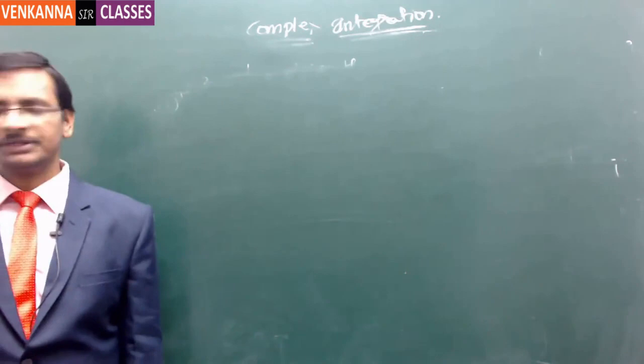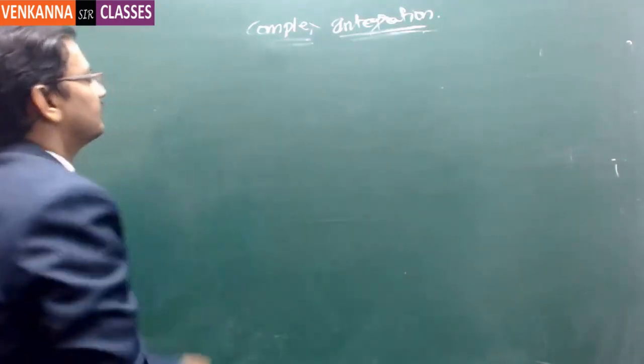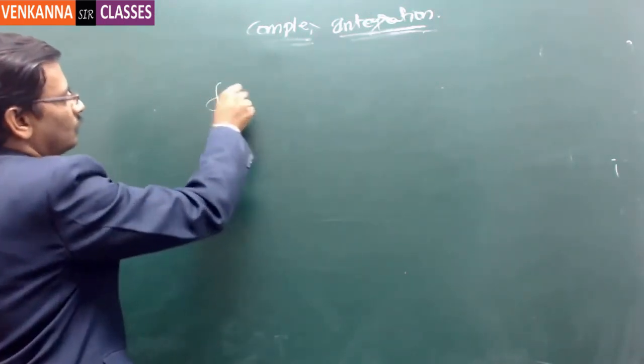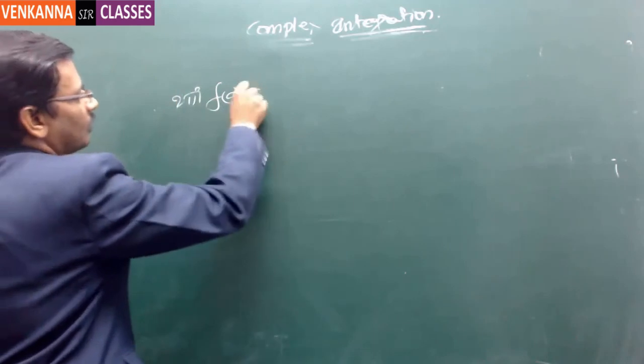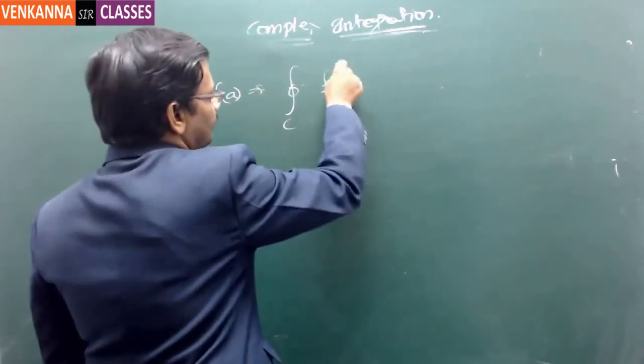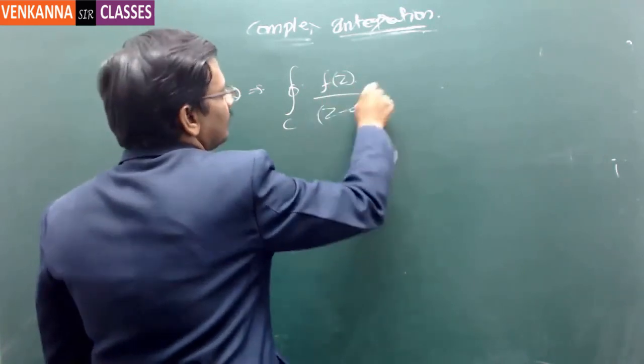Sorry, I have erased it. So actually, I think I found a mistake in this. Why? Because see this, we have got f of a into 2 pi i coming out to be the integral over the contour C of f of z divided by z minus a dz.